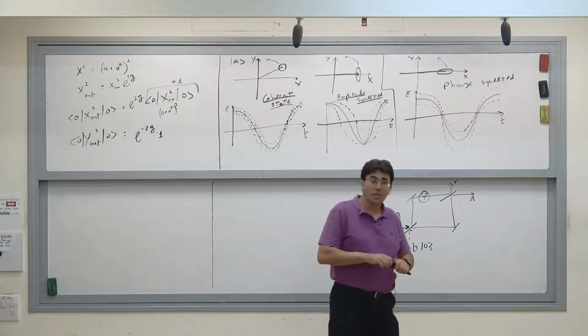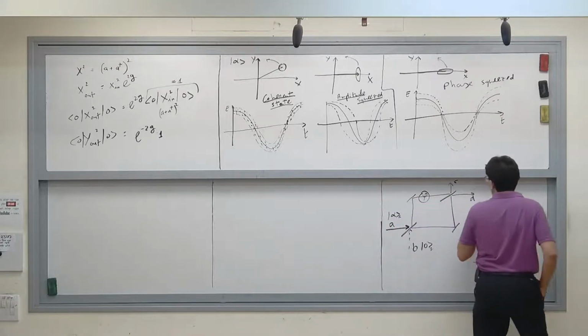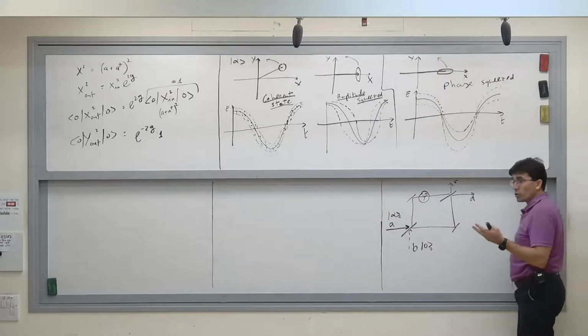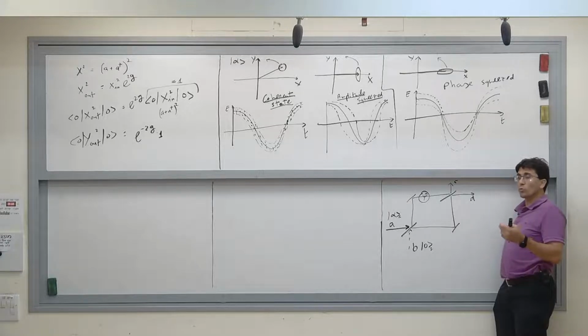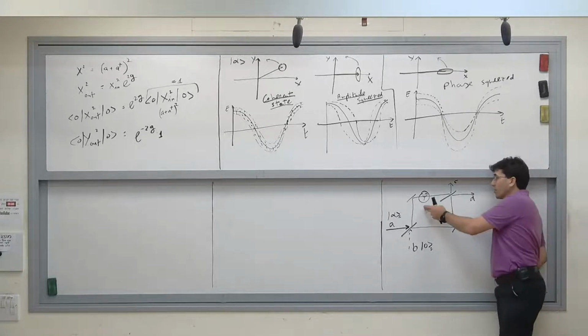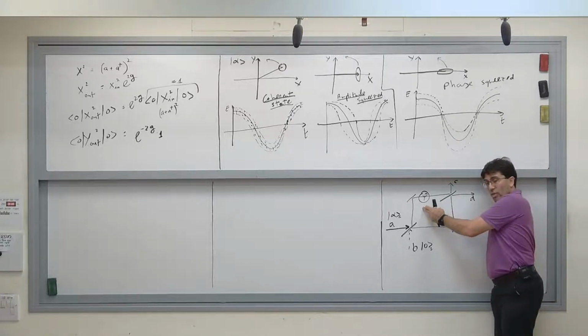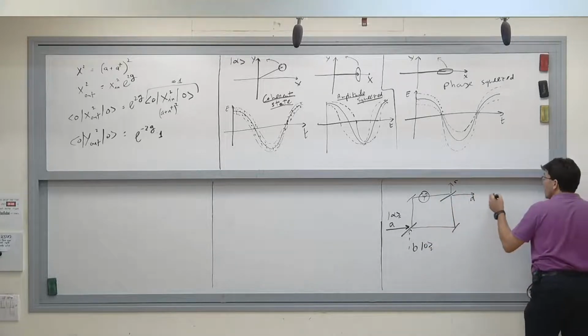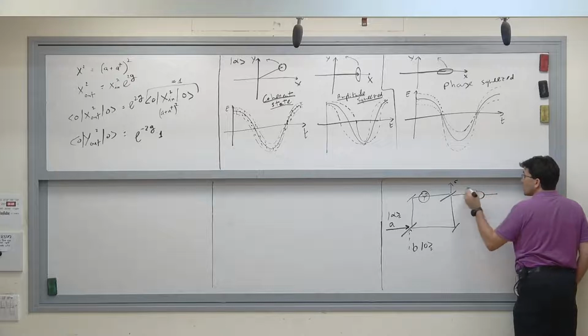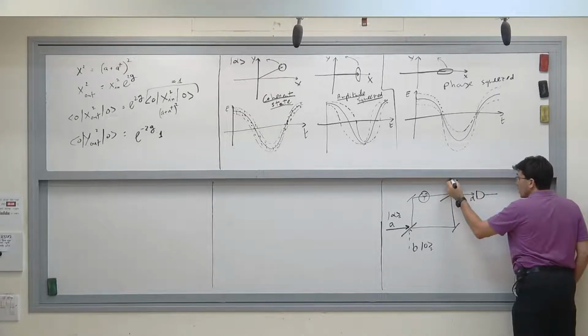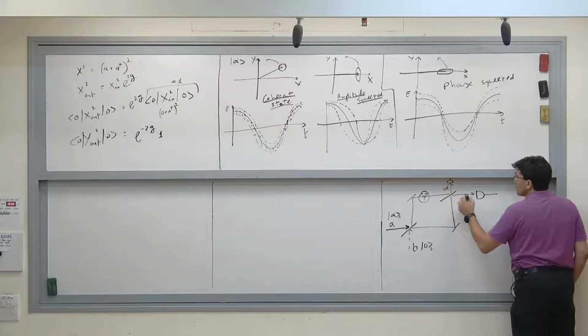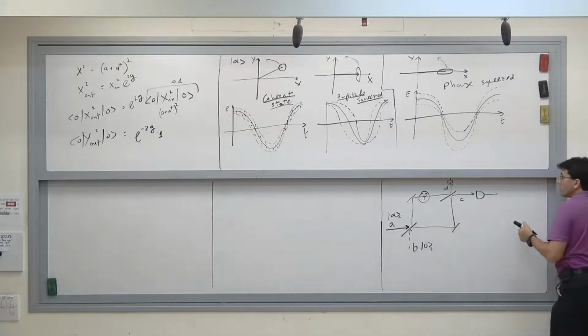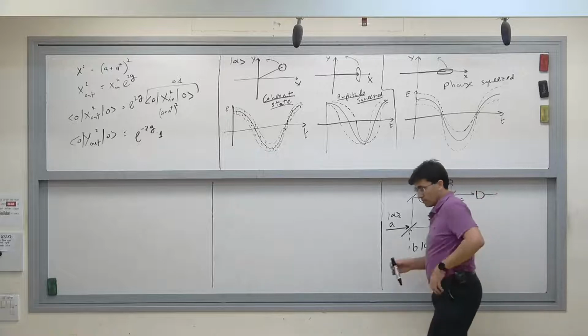So we measure the intensities. What do we want to get? We want to infer the phase, because this is what we want to measure. What we measure, we put here a detector, and we put here a detector.